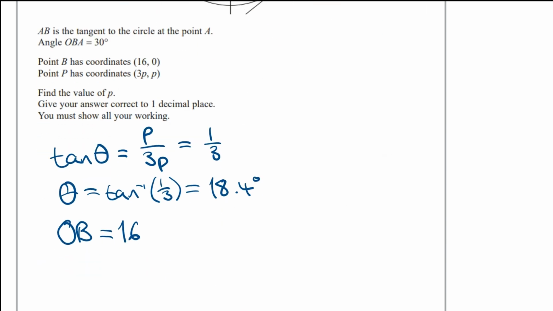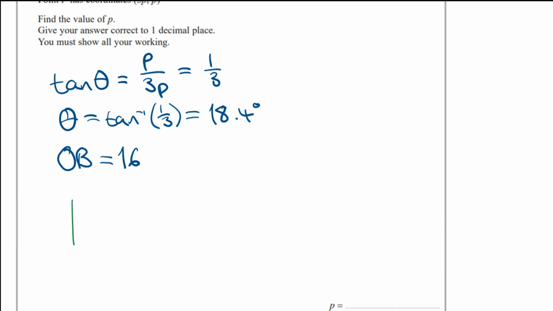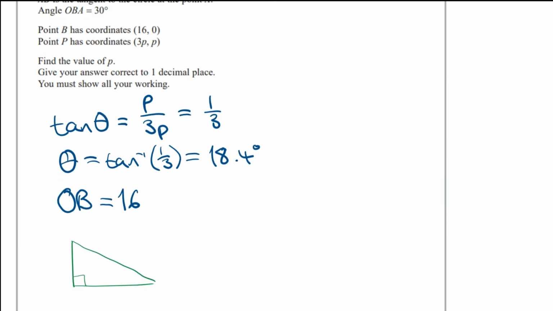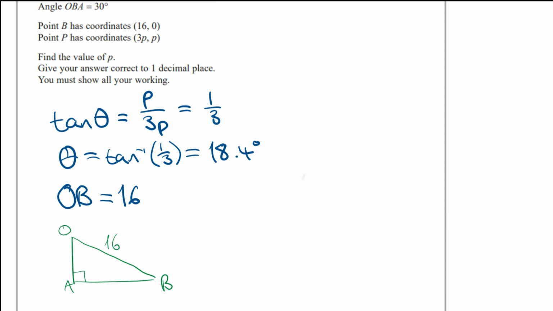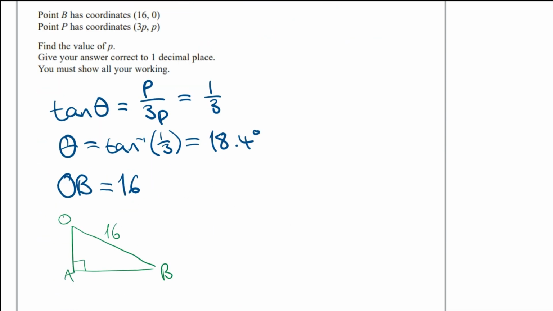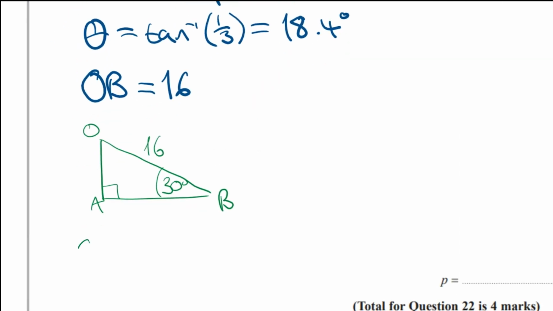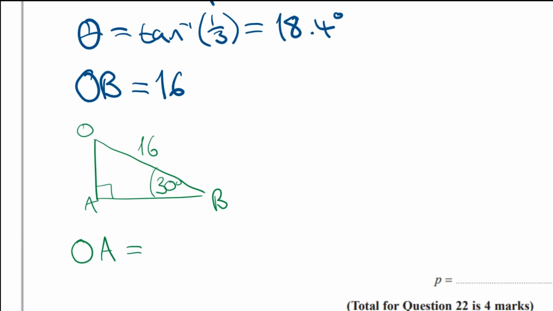So we've basically got a triangle like this where A is the corner, OAB. We know that this is 16 long, and we know that this angle here is 30 degrees. So that means we can calculate OA, which is going to be the radius. So OA equals 16 sine 30.